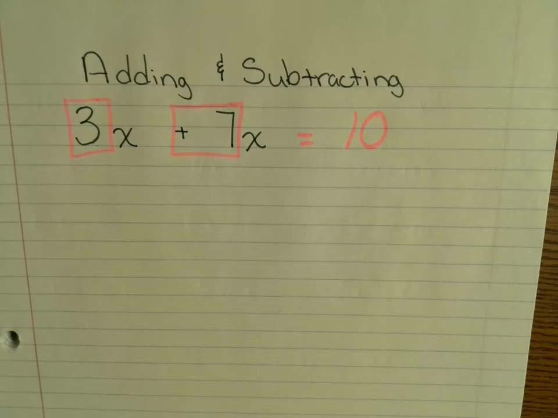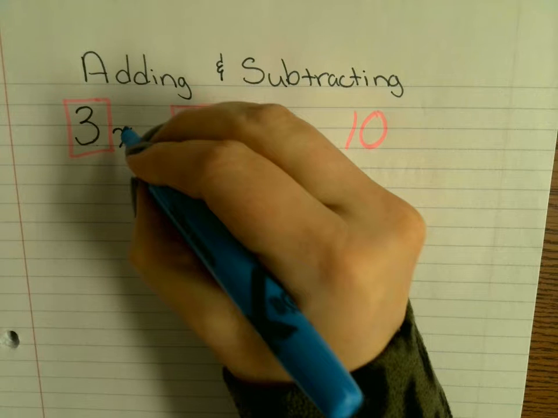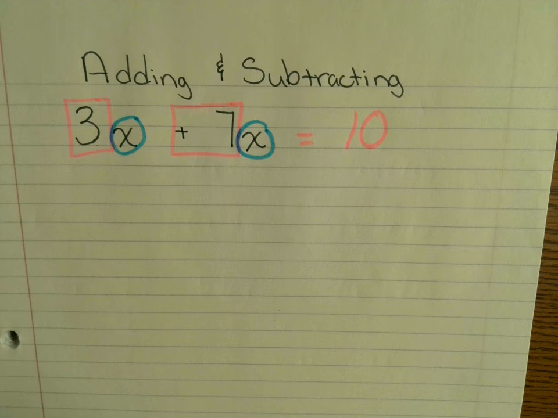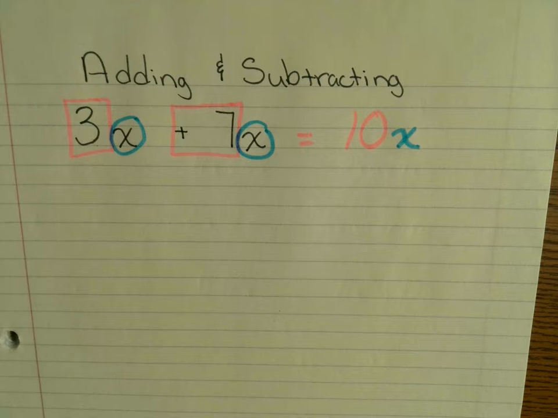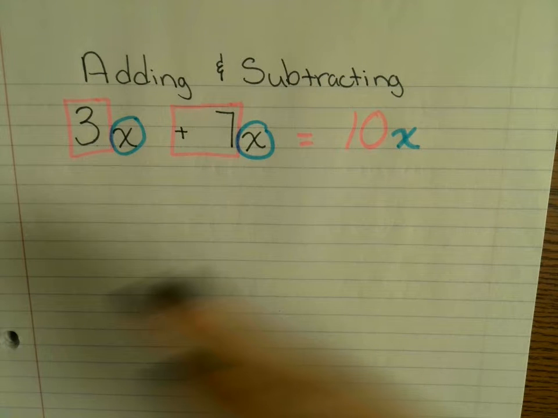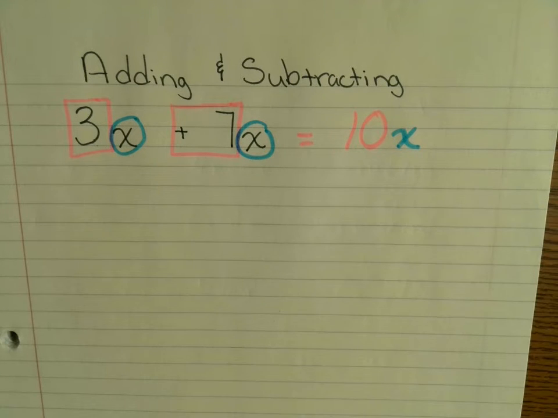We keep that x. The x just stays an x. That is something you guys learned last year, and we still continue to do it now. It is something we already know how to do.